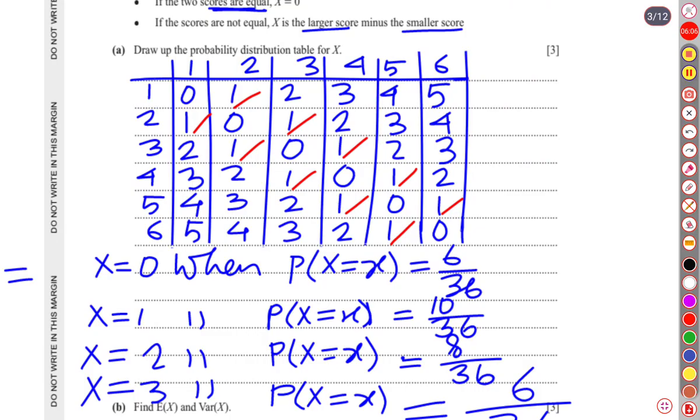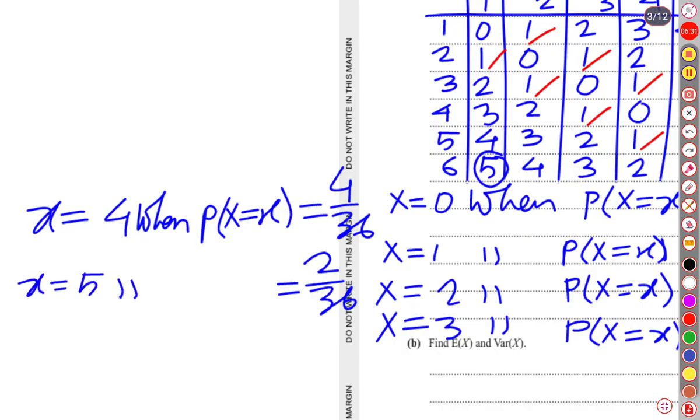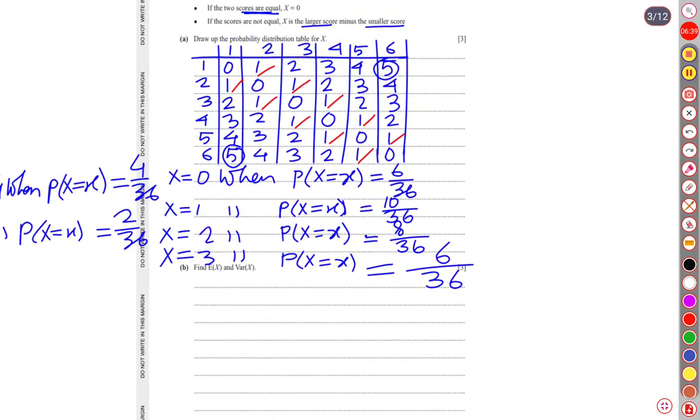And how many 5s are there? 1 and 2. There are only 2 fives. So it is 4 out of 36 for 4, and 2 out of 36 for 5. When x is equal to 5, our probability is 2 over 36. So that's all about our probabilities.